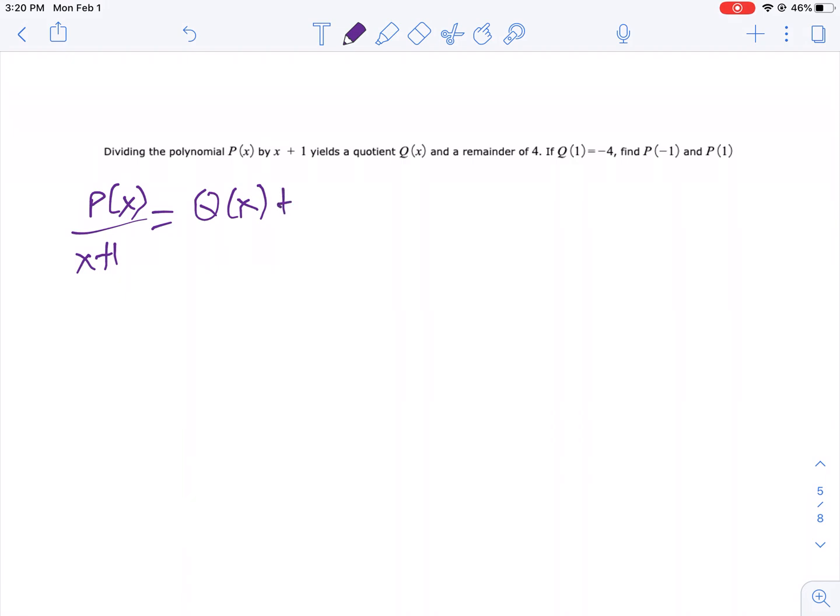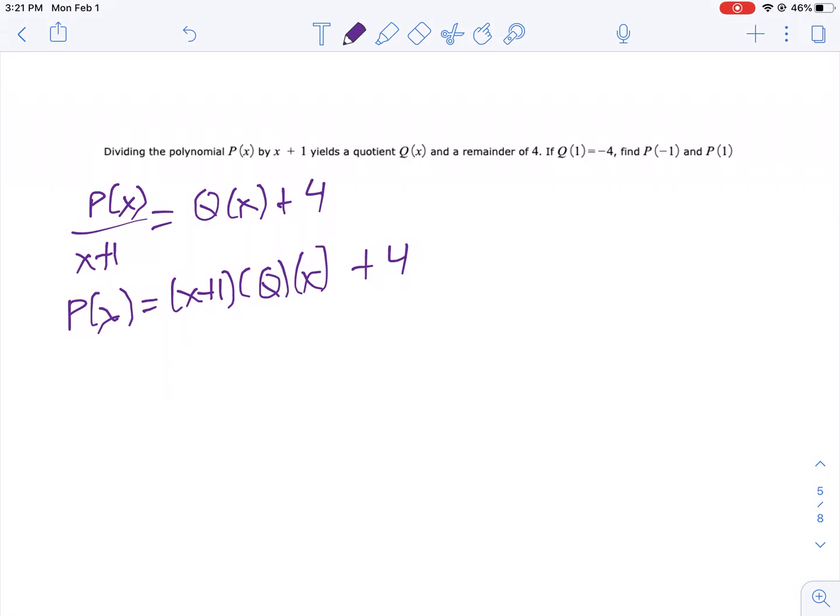So I'll put plus 4 on there. Or, instead of thinking of it as a division problem, think of it as a multiplication problem. In other words, p of x equals x plus 1 times q of x, I don't know why I put parentheses around the q, plus 4.